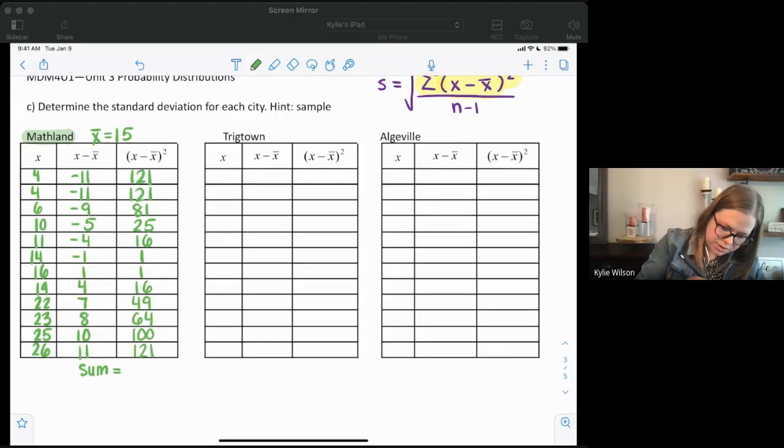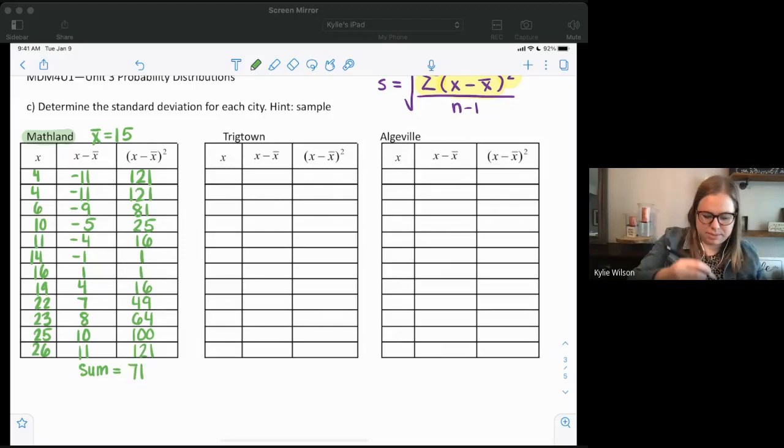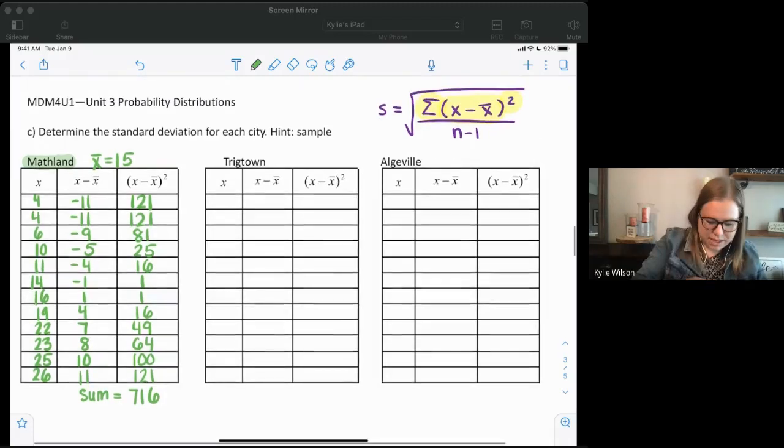So 121 plus 121 plus 81 plus 25 plus 16 plus 1 plus 1 plus 16 plus 49 plus 64 plus 100 plus 121. And that gives me a sum of 716. So 716 represents this whole numerator there. That is what I've done so far.